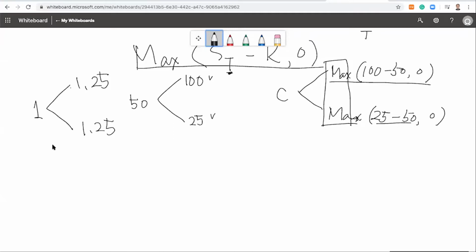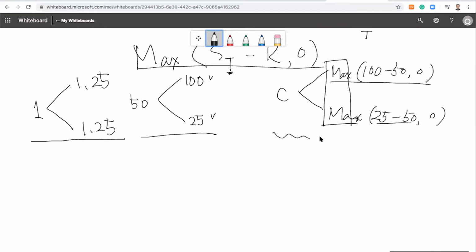So we already know how to price these things. This is the first game, this is our second game, and this is the third game we are interested in. For this game, we want to find the value of C using replication, Arrow-Debreu securities, or risk-neutral valuation.